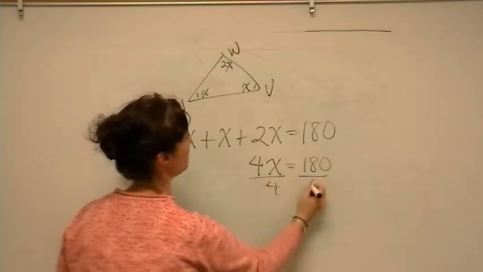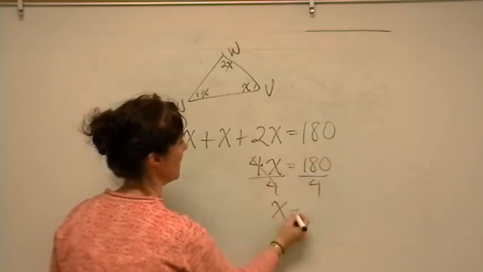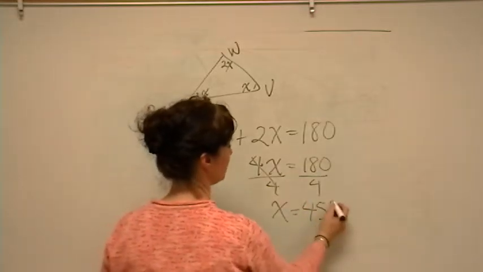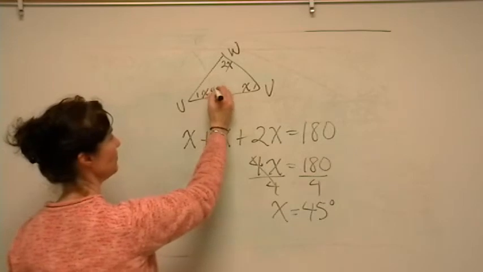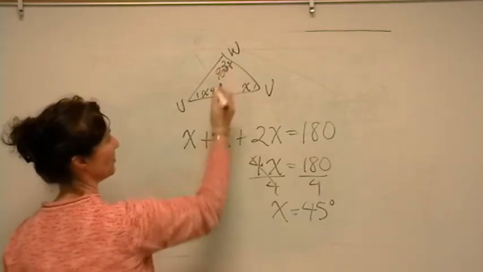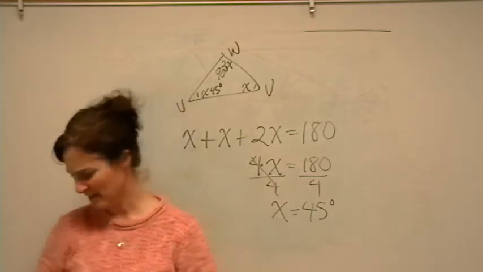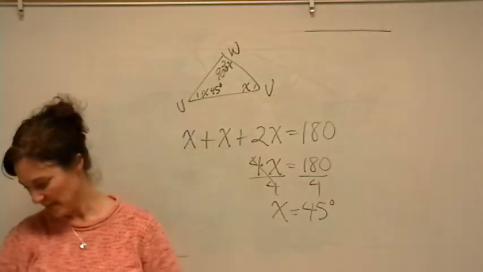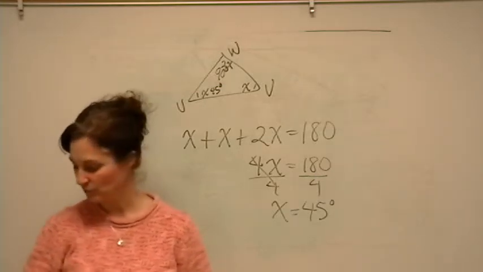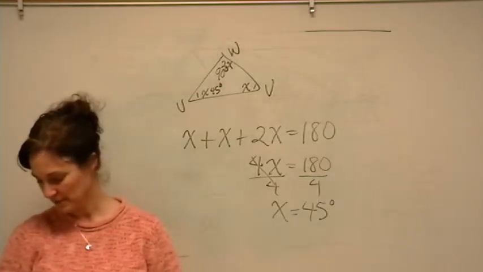Divide both sides by 4, and we get X is equal to 45. That means these are 45-degree angles, and this is a 90-degree angle. But we have to always go back and ask ourselves, what are we asked for? It says find the measures of the angles. So the measures of the angles are 45 degrees, 45 degrees, and 90 degrees.